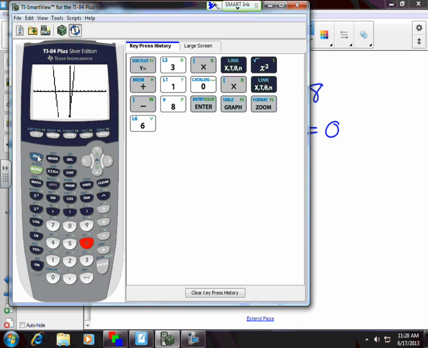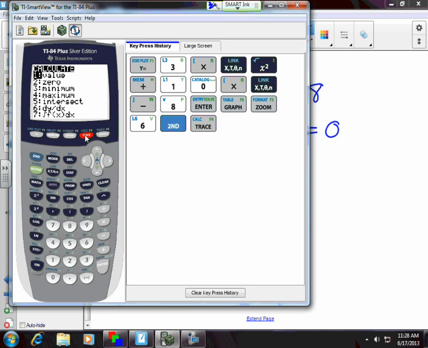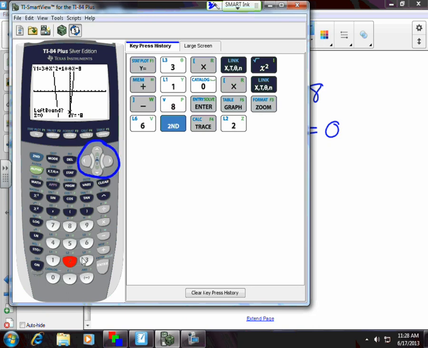So remember, it's second calc and option 2 for zero. Now remember, it asks us for a left bound, and before, we used the arrow keys left and right to scroll to the left and to the right of the intercept.